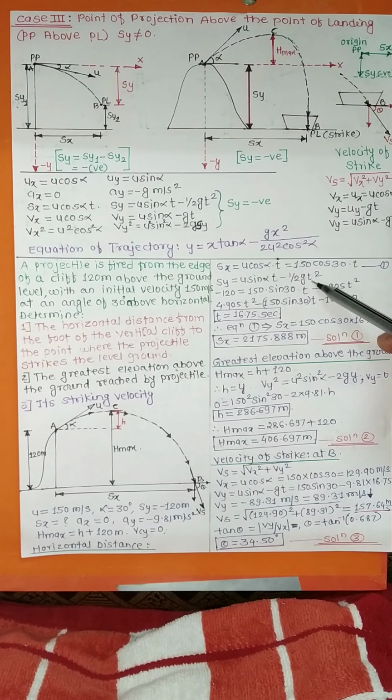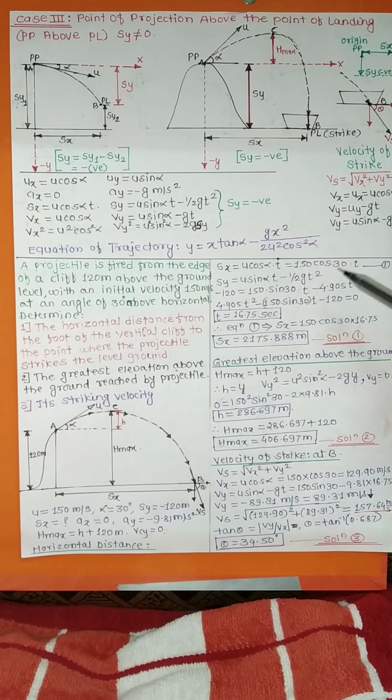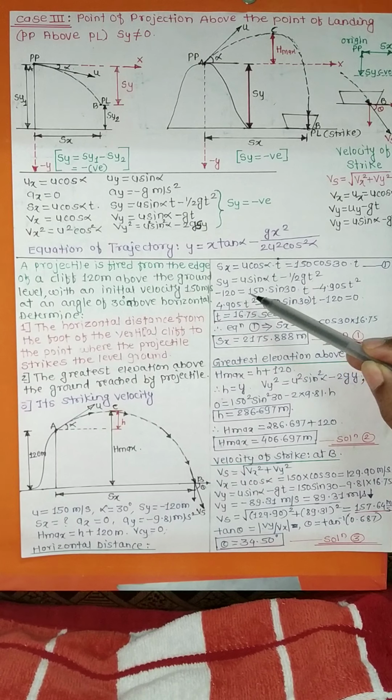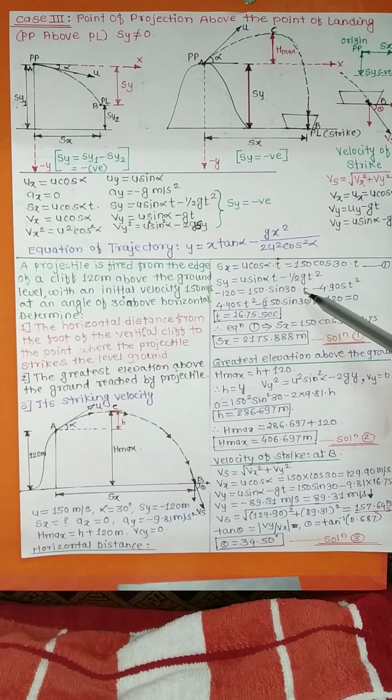Apply the equation of motion along the y direction: Sy equals u sin alpha into t minus half g t square. That is, Sy, minus 120, equals 150 into sin 30 into t minus half g t square, meaning 9.81 divided by 2, it is minus 4.905 t square.